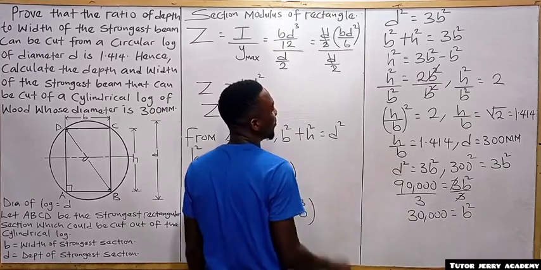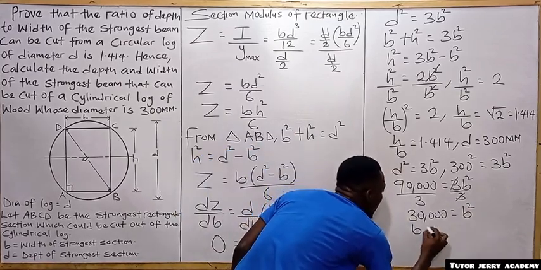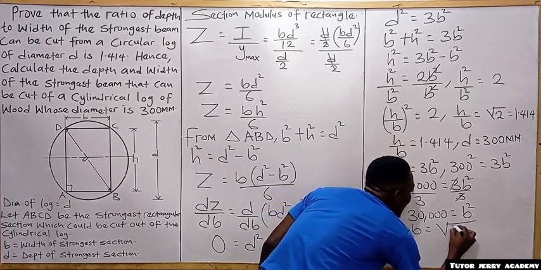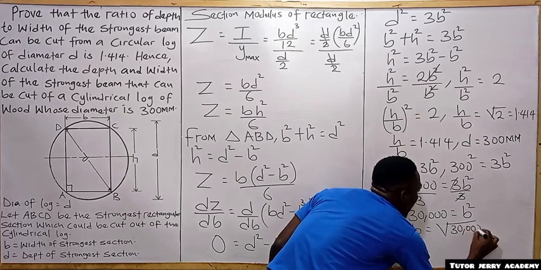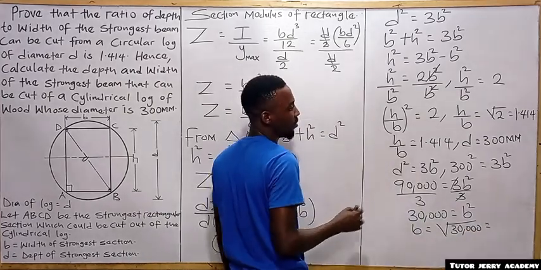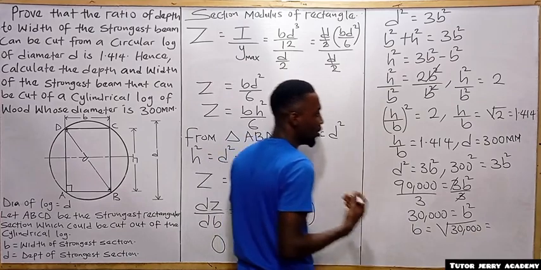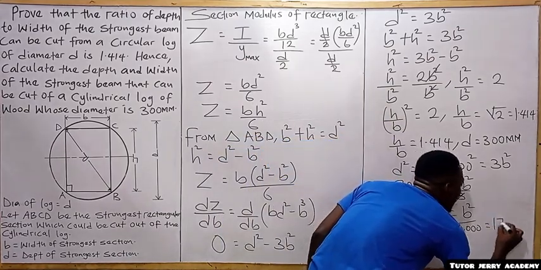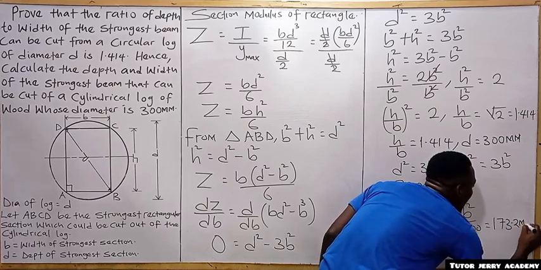So if we take the square root of that, b will be equal to the square root of 30,000, which is going to give us 173.2. So we are going to have 173.2 mm here.